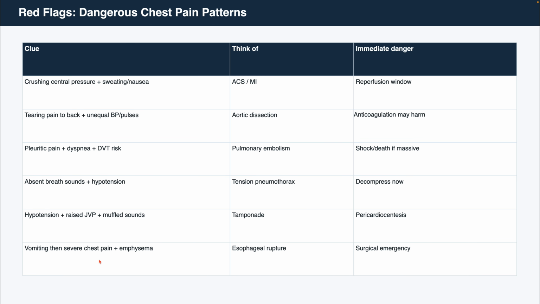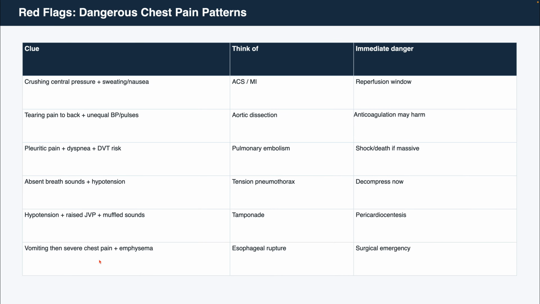Now, talking about pulmonary embolism, the patient might be in shock, so treat accordingly. There will be pleuritic pain, dyspnea, and DVT risk. So, anticoagulant, you need to act fast. Tension pneumothorax, you need to do decompression with a needle, and then later on, depending upon the size of the pneumothorax, you go for a chest tube.